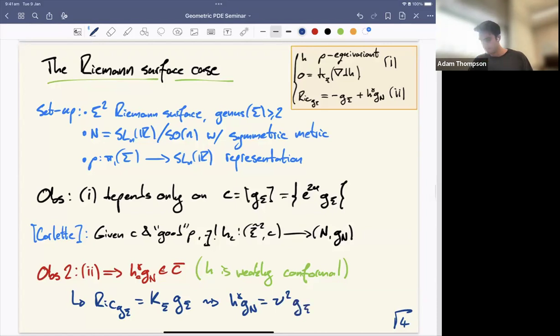And so by this, I mean that the pullback of the target metric by H is some non-negative function times the domain metric. Okay, and so the reason I say weakly conformal here is that this function might have zeros. You know, the pullback's not a genuine positive definite thing, but it is non-negative. Okay, so these are some useful observations to start with.